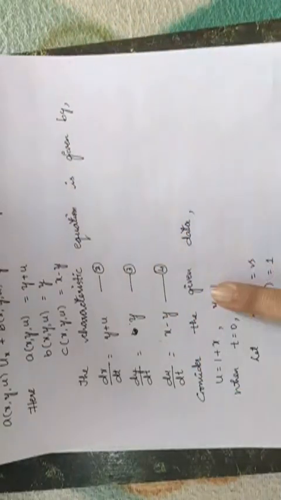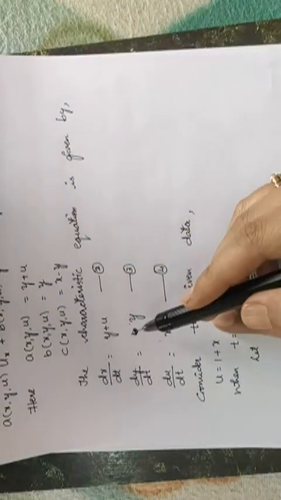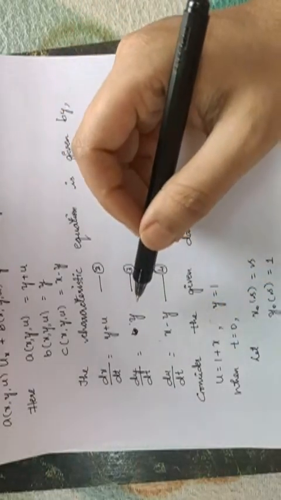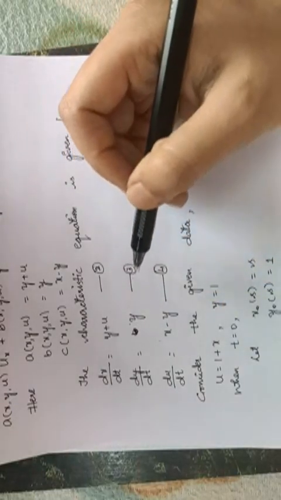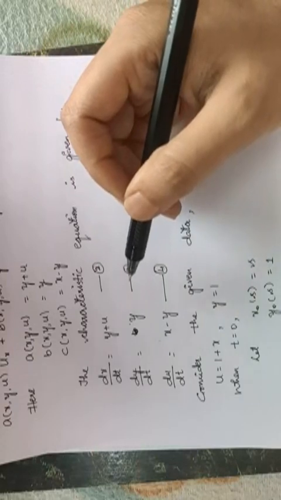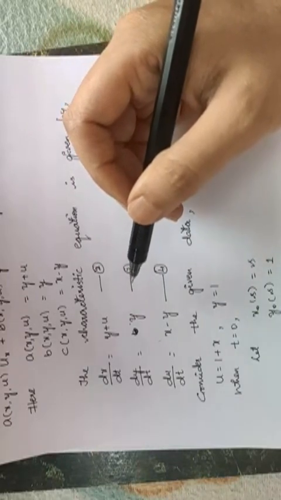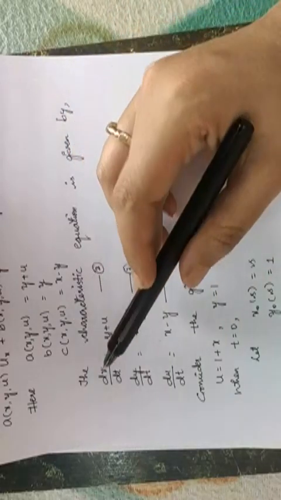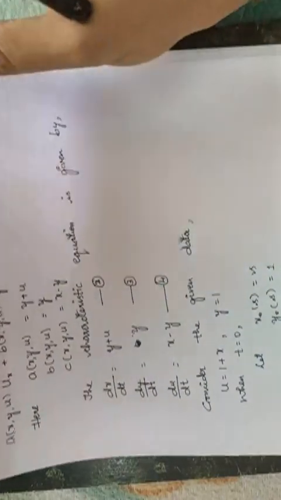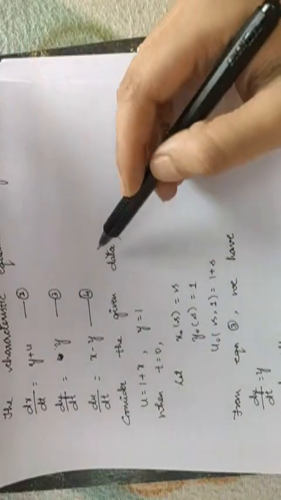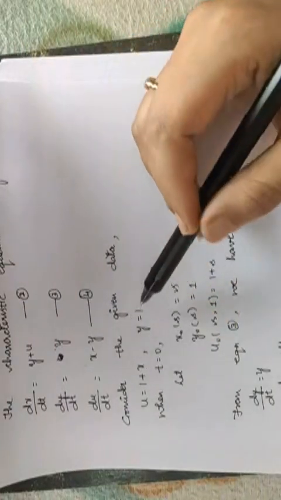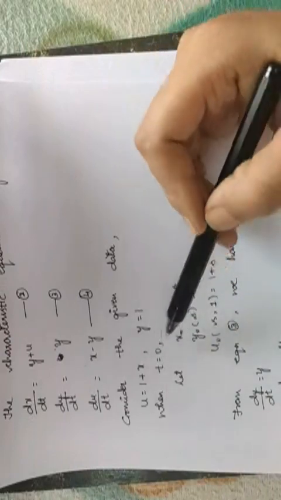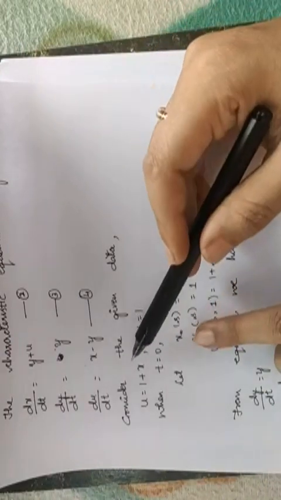So now dy by dt is the only one which is independent of x and u. For that, I will first consider your equation number 3 and find the value of y. Then using simplifications, let's move on to find the value of x and u. Before that, we have to consider the given data. Given data is u is equal to 1 plus x, y is equal to 1. So initially t will be 0. When t is 0, the x value is not given.